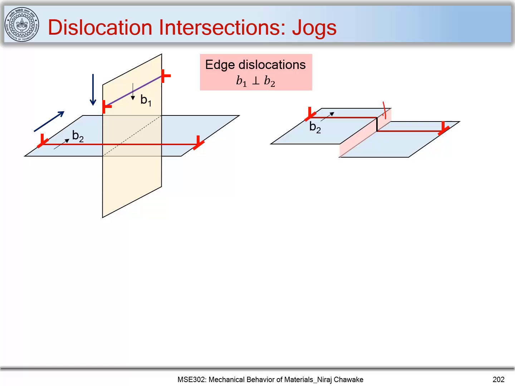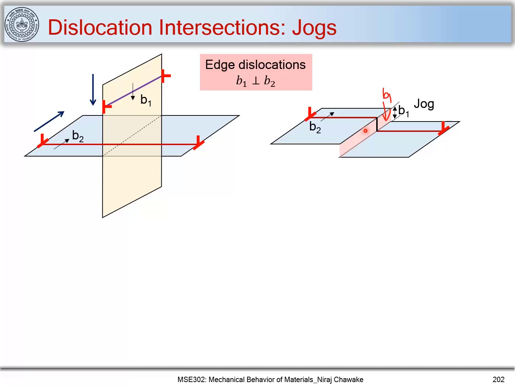And what will be the magnitude of this step? The magnitude of this step also will be equal to the Burgers vector of the other dislocation, that is B1. So the magnitude of this step will be B1, and this kind of step, which moves out of the glide plane, is called a jog. So you have a jog formation on dislocation B2 because of the intersection with dislocation B1.